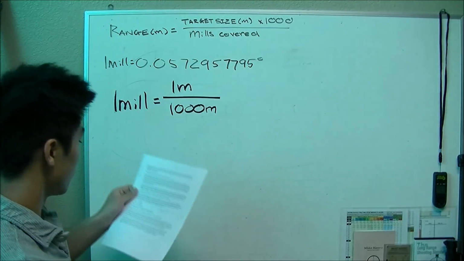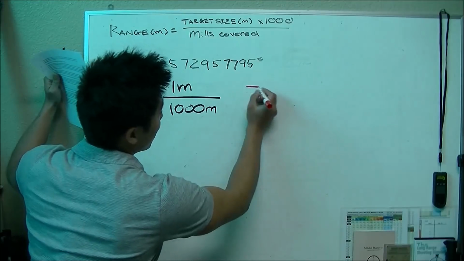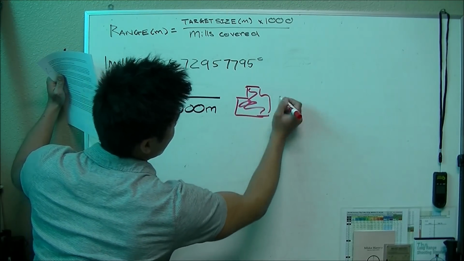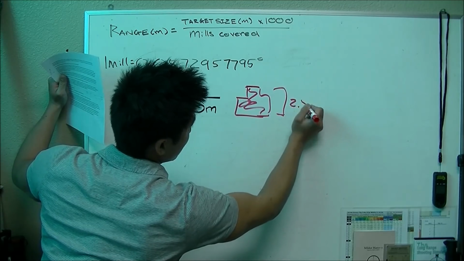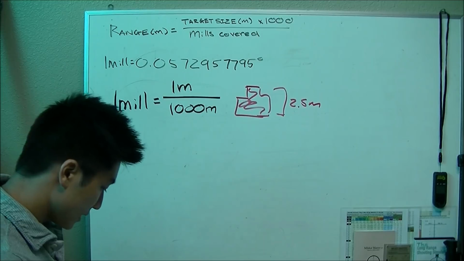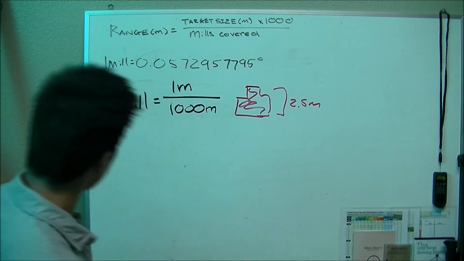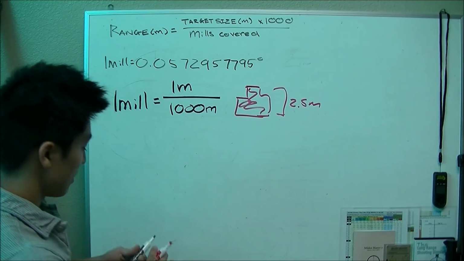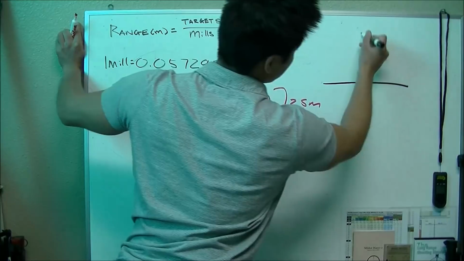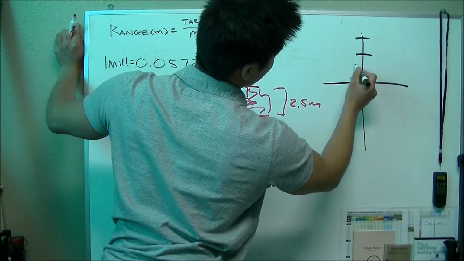Okay, so with the same target being 2.5 meters tall, let me draw the target again. 2.5 meter target. We are basically going to say it's still being covered by 1 mil, so here, we'll just put this here. Each hash mark is going to be 1 mil.